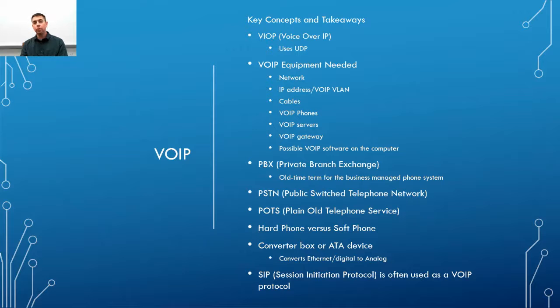Most VoIP providers require specialized VoIP phones, and of course a VoIP server, or servers as the case may be, and possibly VoIP gateways, which means that if you've got a centralized office where the VoIP server is located, you can have gateways at the remote sites, and they basically act as kind of a temporary server in one sense. It's basically a switch or a router that takes the traffic and points it to the server. And then, of course, possible VoIP software on the computers, as well as the server.